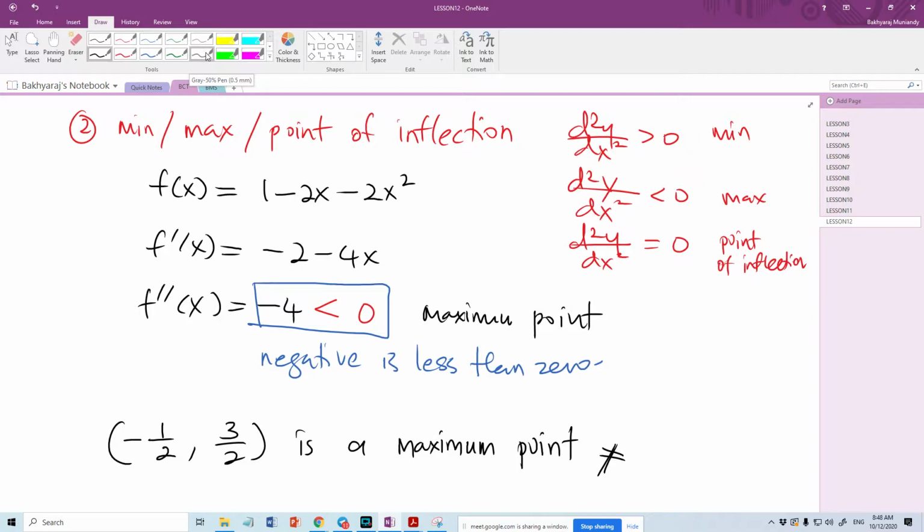So remember, the conclusion is very important for this part. Okay, so we have completed question number 2.